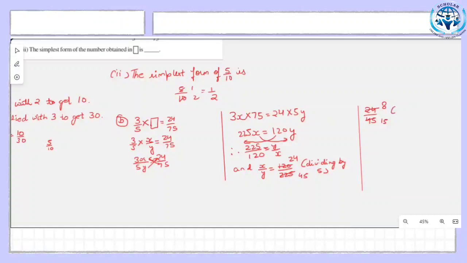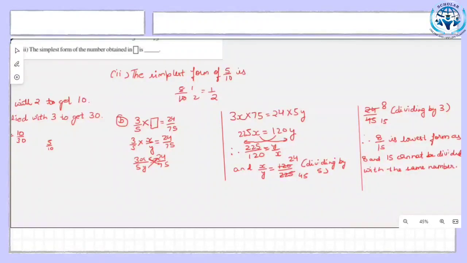Simplifying further, we get 8 by 15. I hope you have well understood, right?